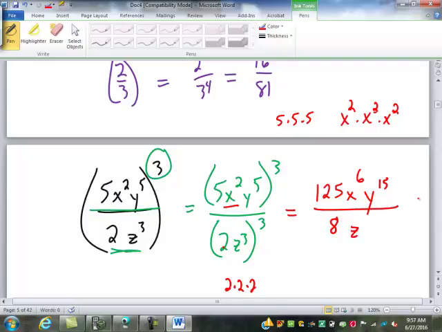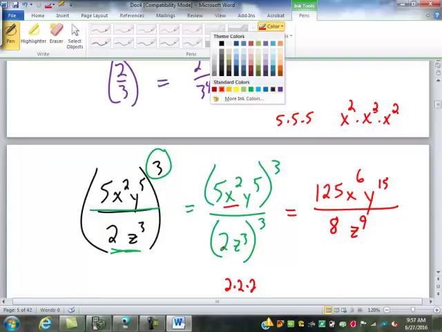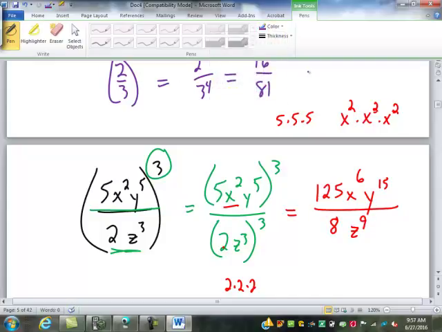Z to the 9th. Now you can see the confusing part here is the variables, the powers, are multiplied. The numbers, though, are still to their power. So the natural confusion, the natural mistake is 2 to the third, well, that's just 6. 2 times 3 is 6.